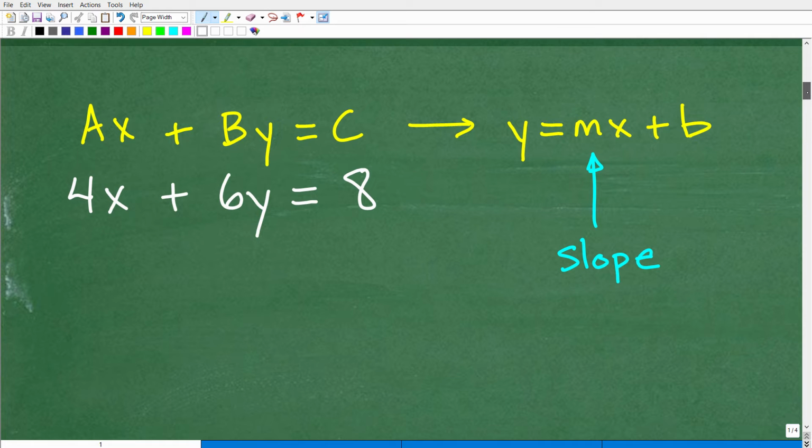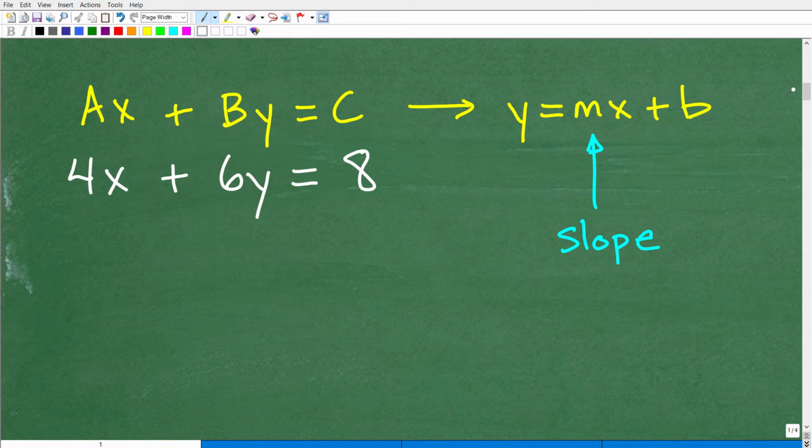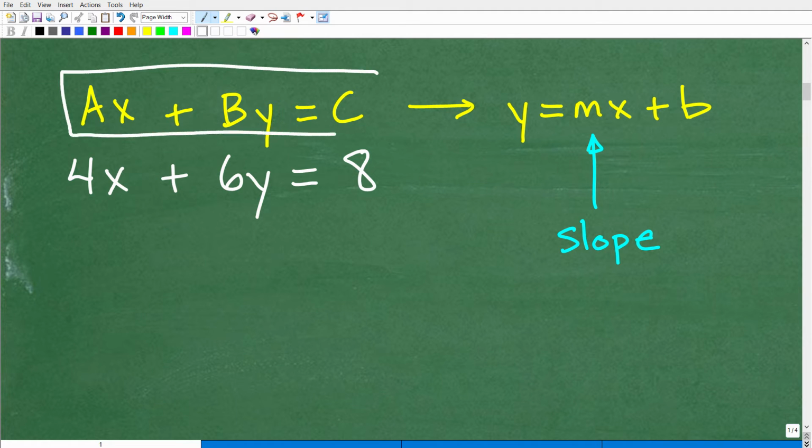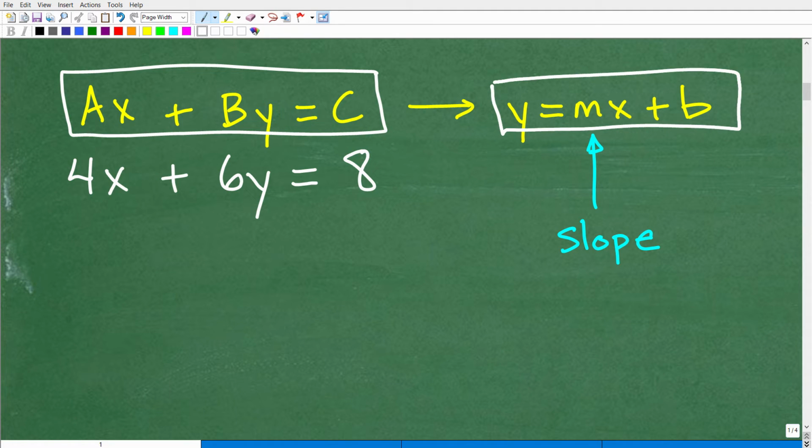Okay, so when we're talking about linear equations, there's two primary forms that you see them in. So the first is something called the standard form of a linear equation. And then we have this other form right here, I'll give you an example just in 1 second, called the slope-intercept form. This right here is probably the most common way to see lines in algebra, linear equations in algebra.